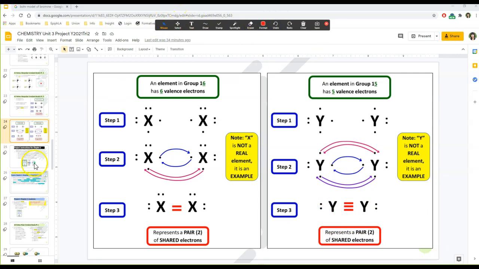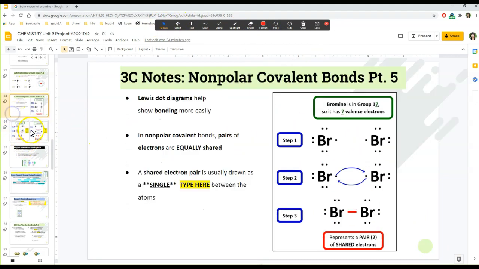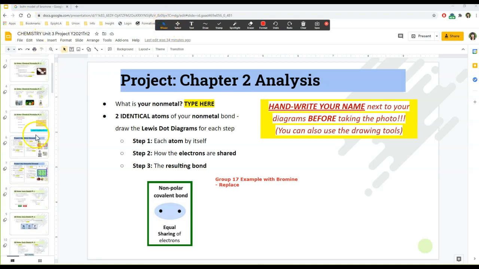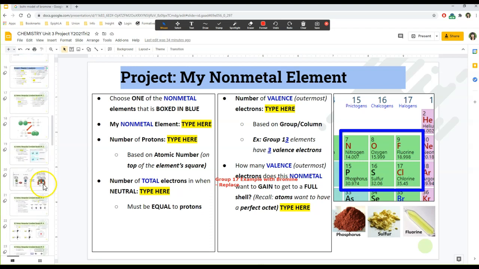Okay, so again, the answers are already here for you on slides 23 and 24. For slide 27, you just need to make sure to replace your name, right? So again, the group 17 example with bromine, you're just going to go ahead and replace it. What were the group 17 ones that I said you could do? I said you could do fluorine and chlorine, right?